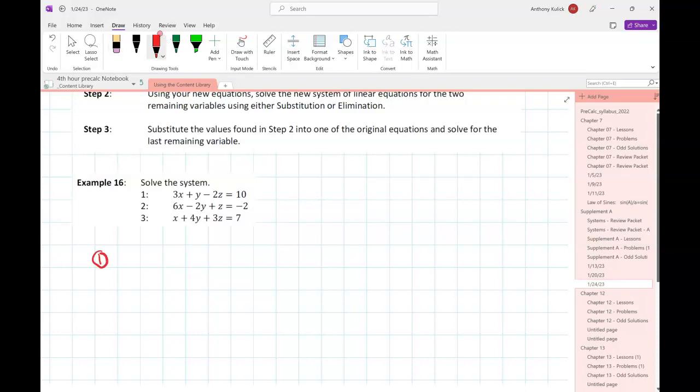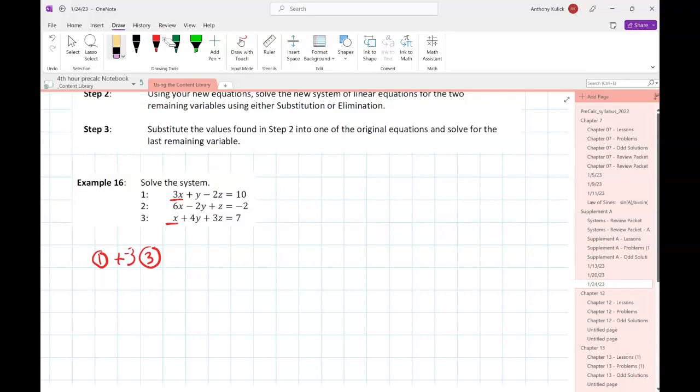So to eliminate the x's from equation 1, what do I have to multiply equation 3 by? So I have a 3x up here. What do I need to multiply equation 3 by so when I add them together, they cancel out? -3. That's correct.